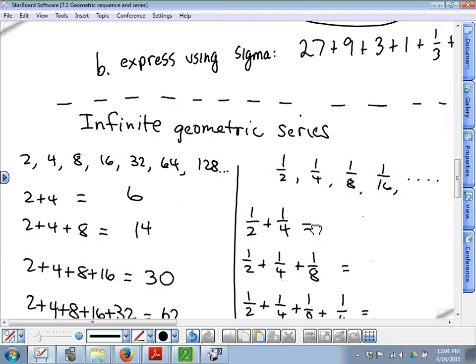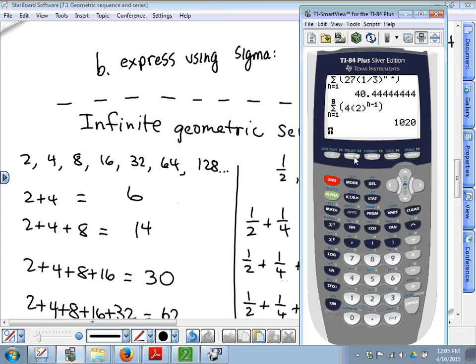Okay. Now this one over here, 1/2 plus 1/4. That's just 0.75. So write 0.75 right here for 1/2 plus 1/4. Now 1/2 plus 1/4 plus 1/8. Let's see.